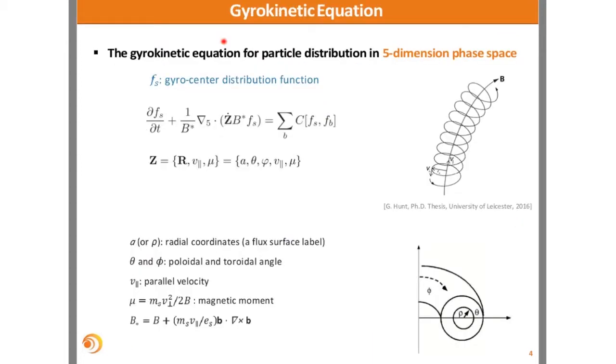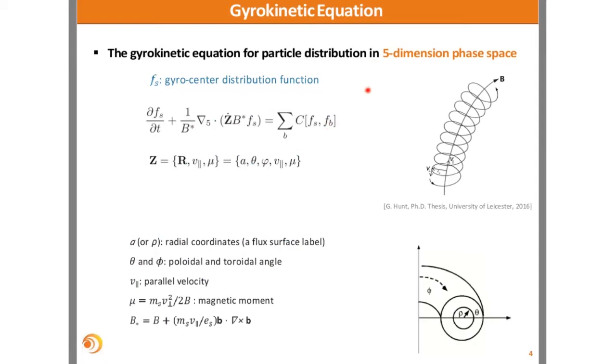For the simulation of hot nuclear fusion plasma, we are using the gyrokinetic equation. Basically, we need to solve the temporal evolution of the electron and ion plasma, but instead of dealing with the full 6-dimensional phase space, we reduce one velocity dimension.